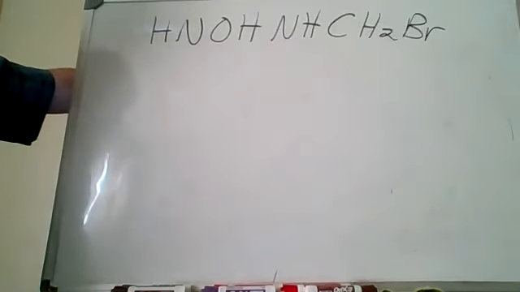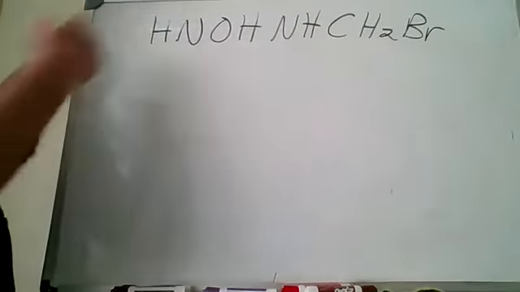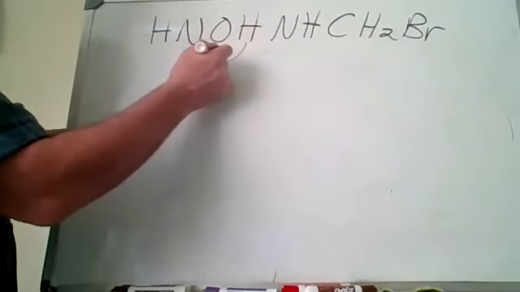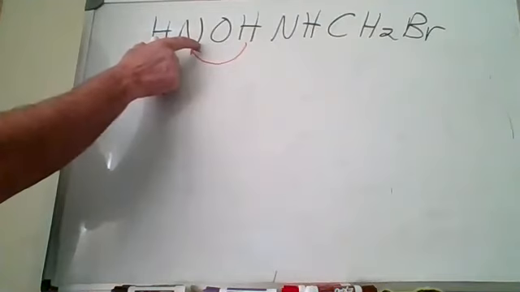We said never move an atom across a non-hydrogen atom unless you have no other choice. So in other words, when I'm drawing this, I don't want to move this hydrogen across the oxygen and give it to this nitrogen, making this an amine group.